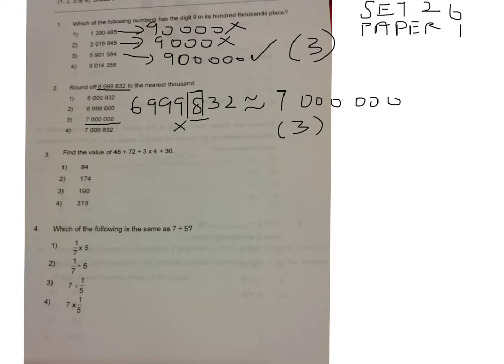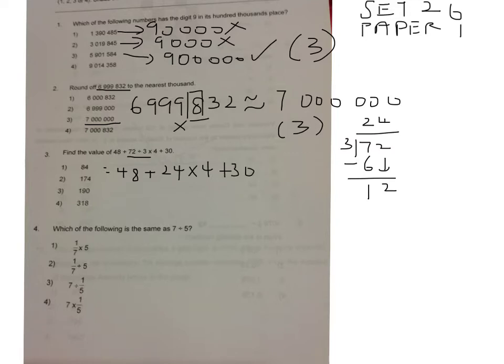Question 3, find the value, okay, using the rule. Okay, we do bracket, then we do divide or times from the left. So we have 48 plus 72 divided by 3. Okay, doing a long division, 72 divided by 3 is 24. So we have 48 plus 24 times 4 plus 30.